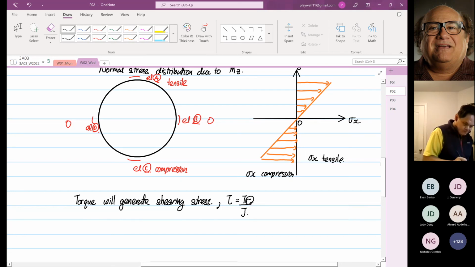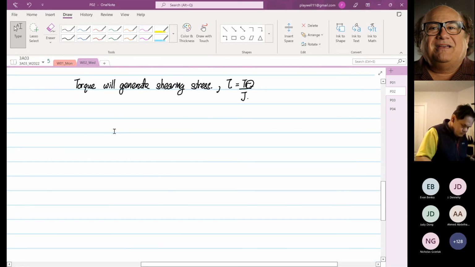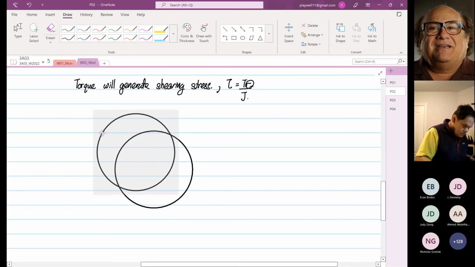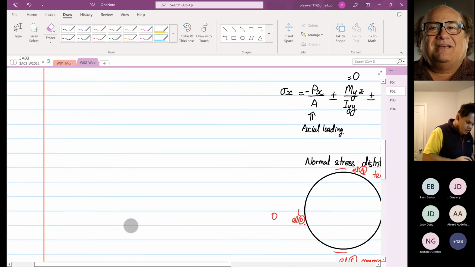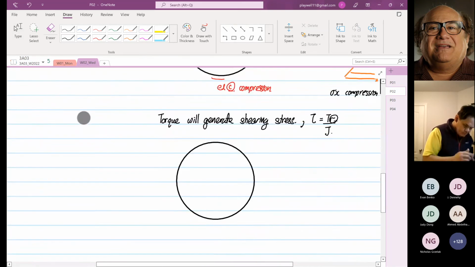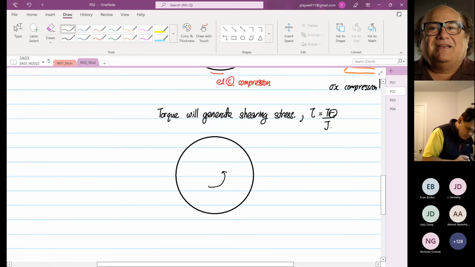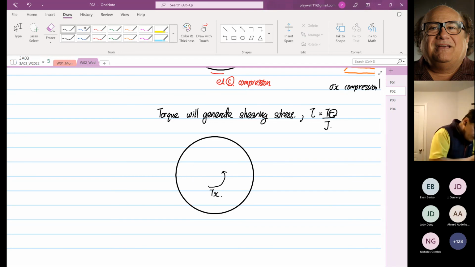Right? It's dependent on the radius. And I'm going to draw. If you see the torque, the torque in the x direction is going about this way. How the material will deform, I'm going to draw the shear stress distribution.